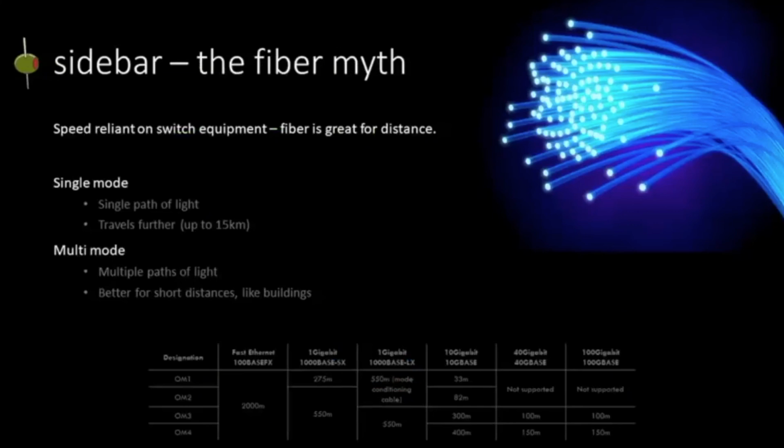Fiber has more potential, but you're always going to be limited by the electronics that are plugged into either end of your fiber. How much throughput and what bandwidth is your switch going to be able to generate, and is the other side going to be able to receive? So by the nature of just having fiber, you're not suddenly getting a faster network. Your switch is what's going to determine how fast your network is. So just be aware of that.